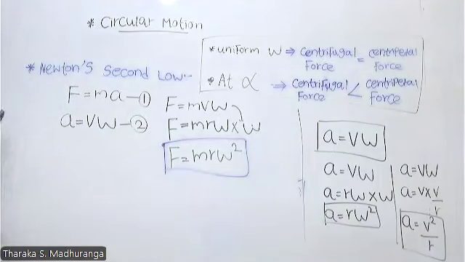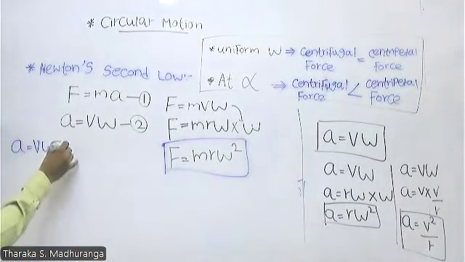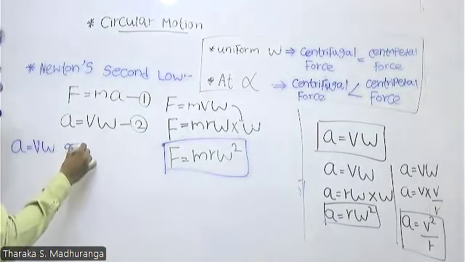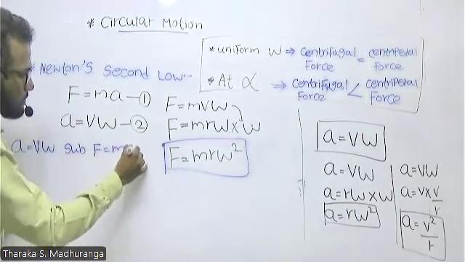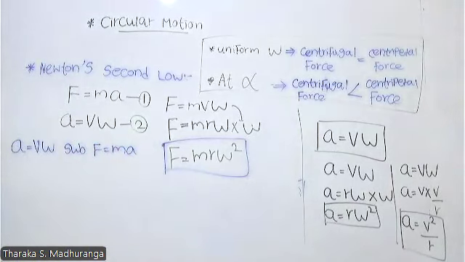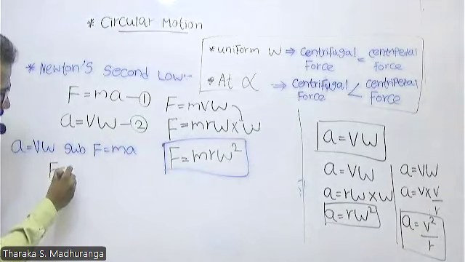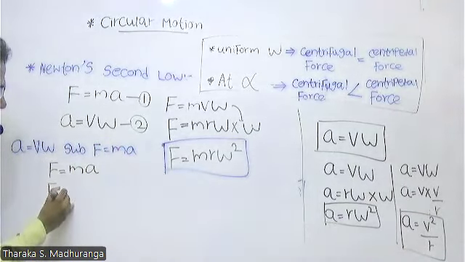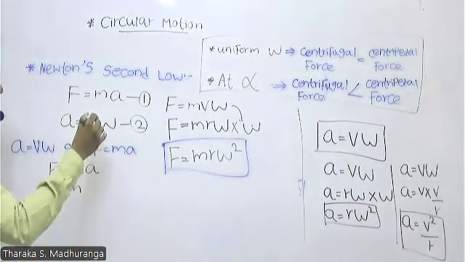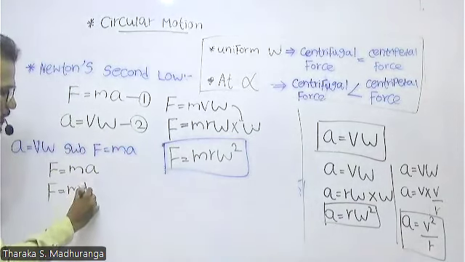Then acceleration v omega, substitute into F equal ma. Instead of this a, I substitute v omega.